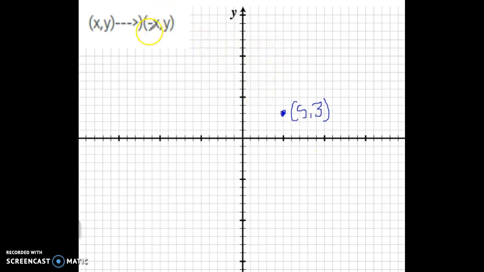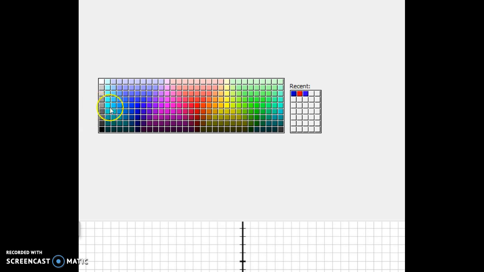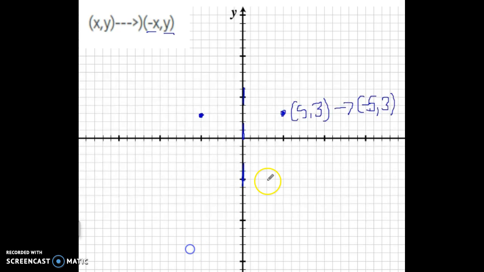I'm going to apply the rule to it, and the rule says change the sign of X and keep Y the same. So if I go to -5, 3, it looks like I'm reflecting across the Y-axis, but I want to try one more point just to make sure. So I'm going to try a point down here. I'm going to go to 2, -6.